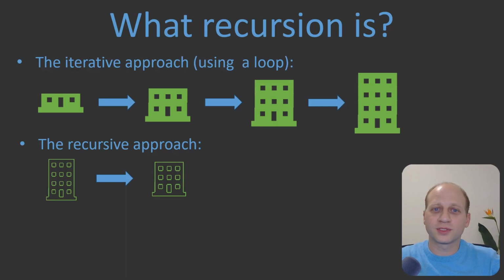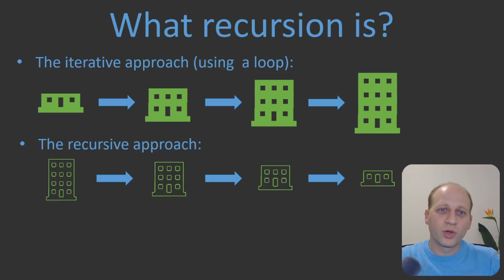But building a house of 3 floors is also difficult, so we will ask for a 2-floor house. But a 2-floor house is also difficult, so we'll ask for a single-floor house. Well, we know how to build a single-floor house, so this time we don't need to ask for anything. We just build it, since the task is already simple enough for us.